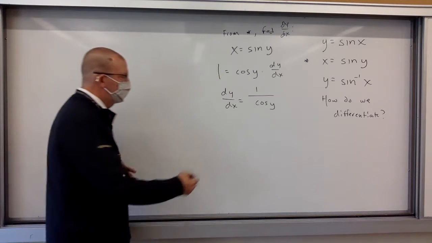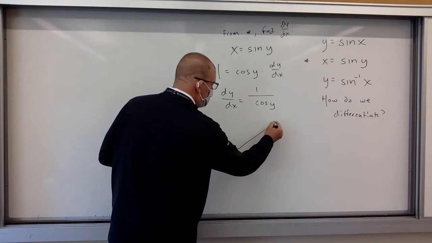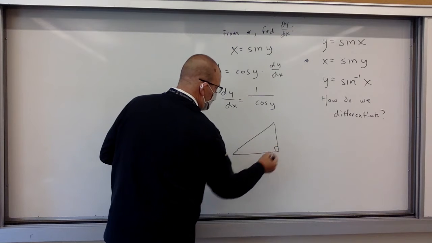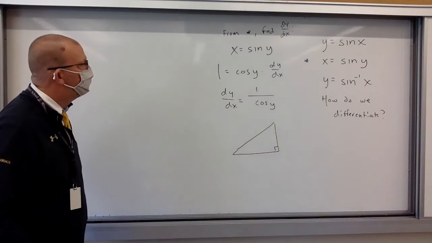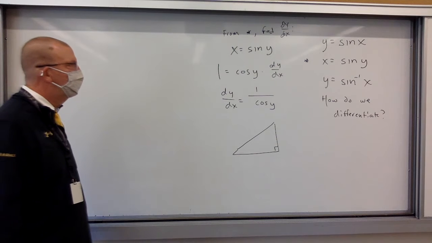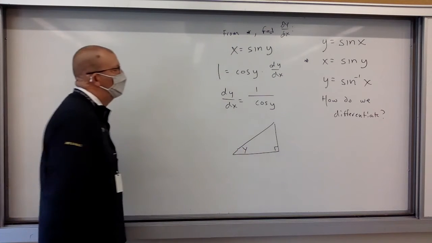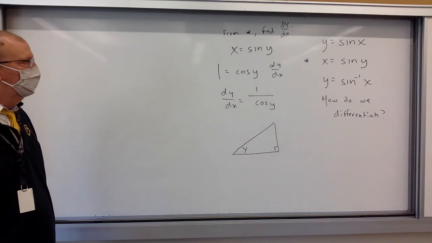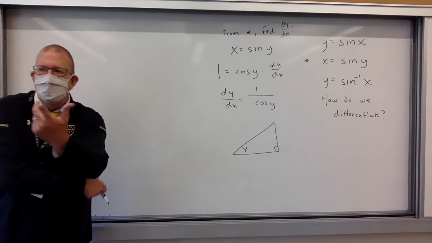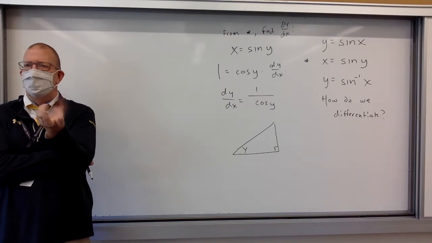I know something. And I'm going to draw a little right triangle. What do I know? I know that if I put y here, I know that the sine of y equals x. What is the sine, geometry kids?